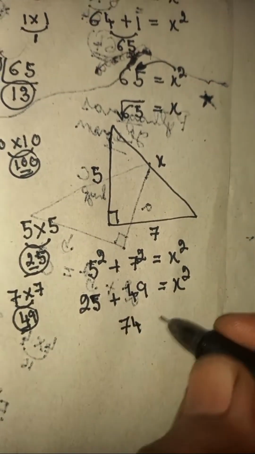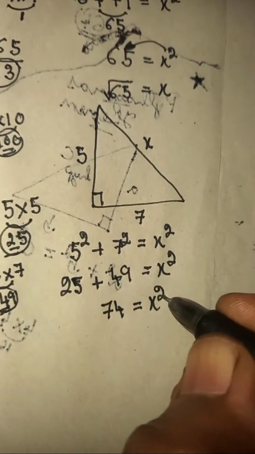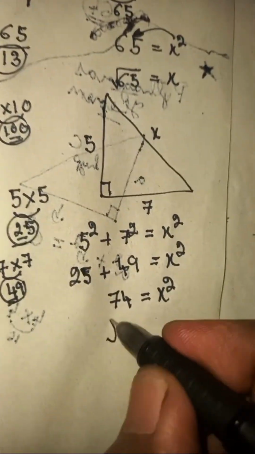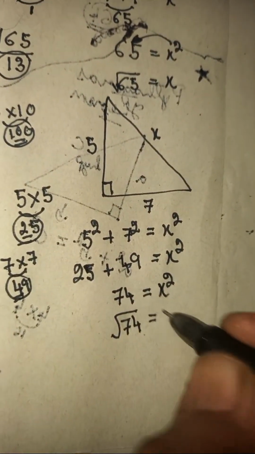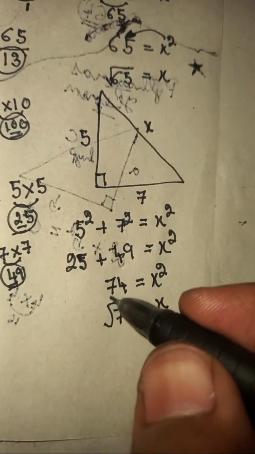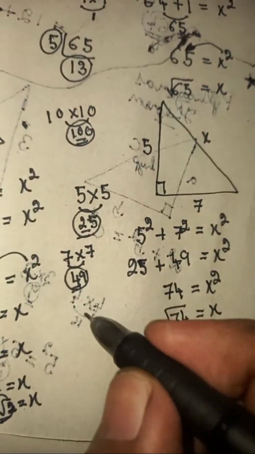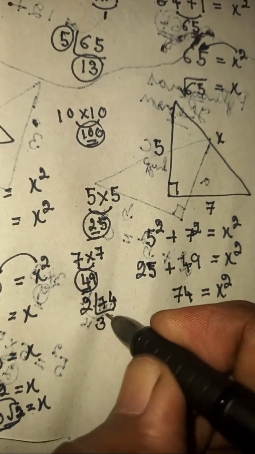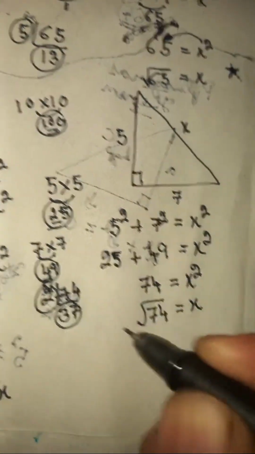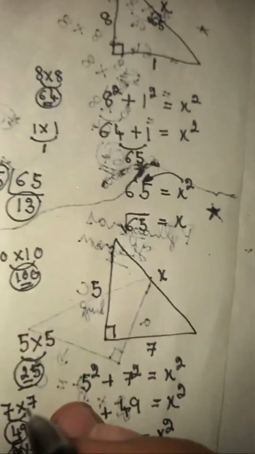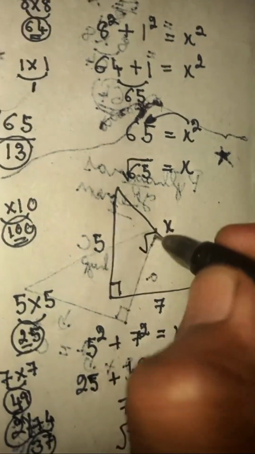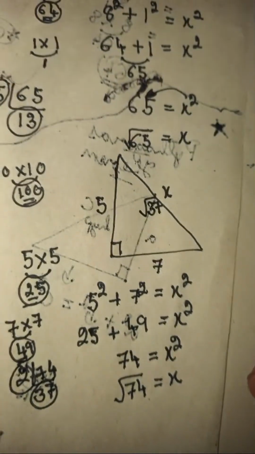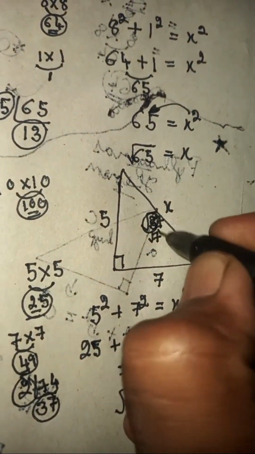So 74 equal to x square. This square goes to that side, it becomes root of 74 equal to x. You can check if 74 simplifies: 2 times 37. So you cannot simplify. This hypotenuse length is equal to root of 74.